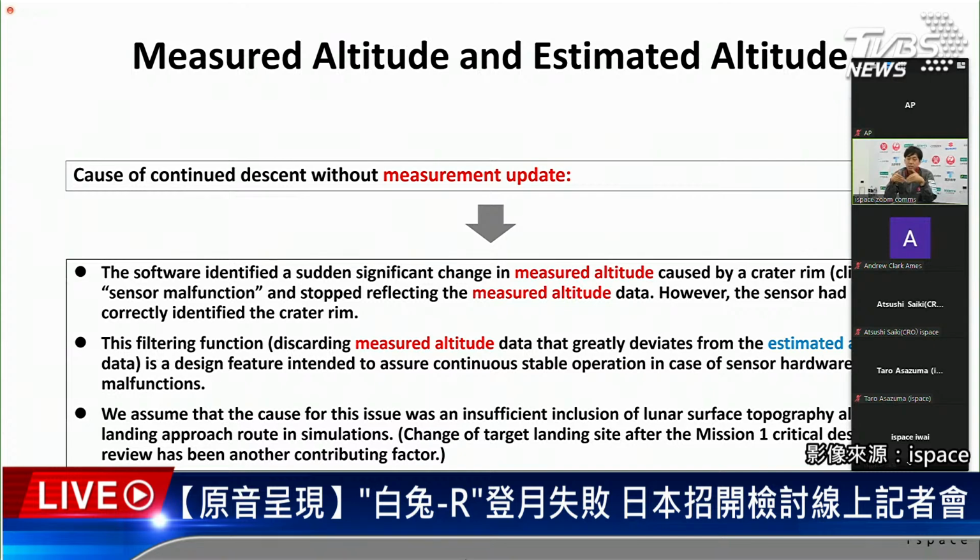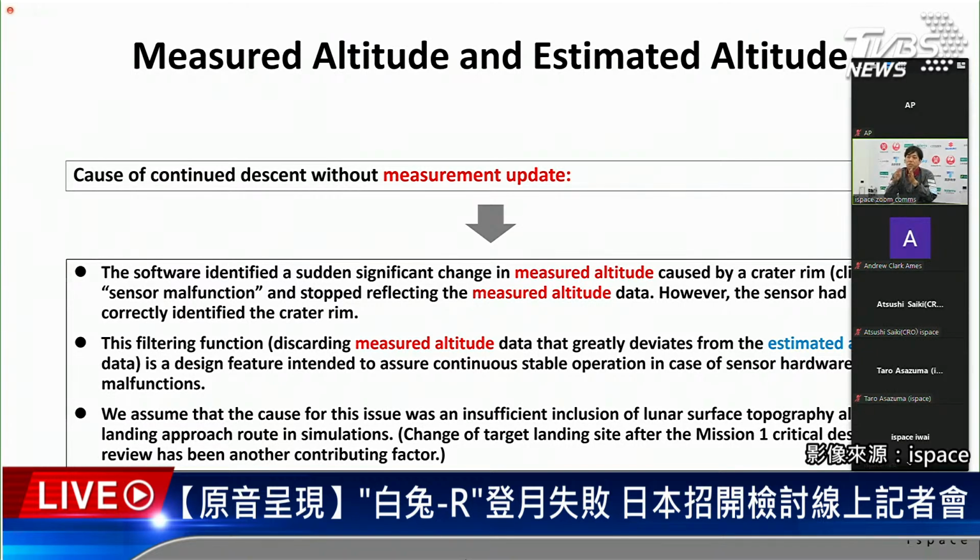When we discuss more deeply the cause of this issue, we have to say that the change of target landing site impacted this failure. We had an original target landing site, but considering all the benefits for our lander and payload, we changed the target landing site before CDR.